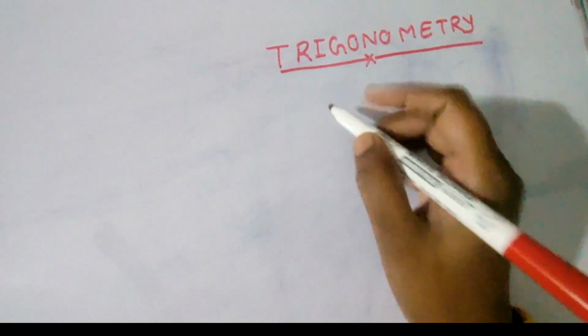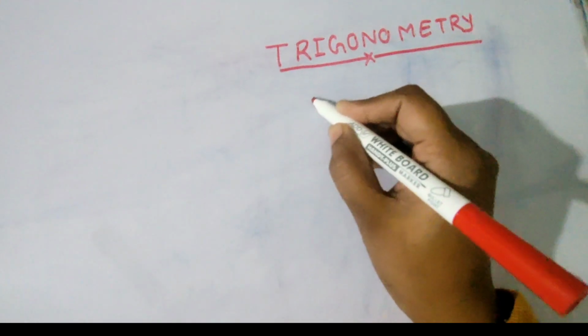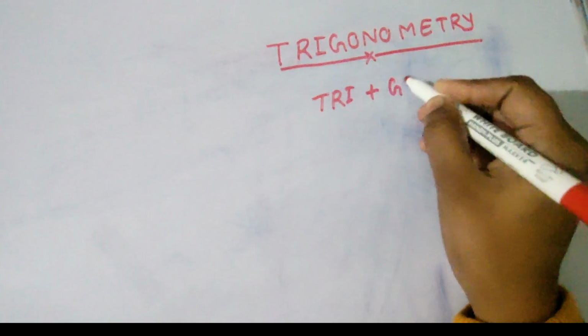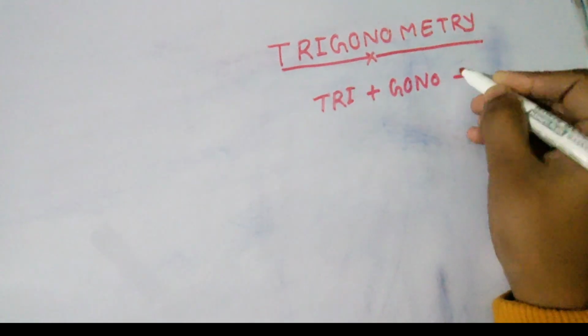Trigonometry is three words: tri plus gono plus metry.